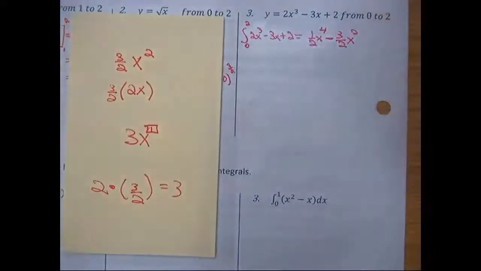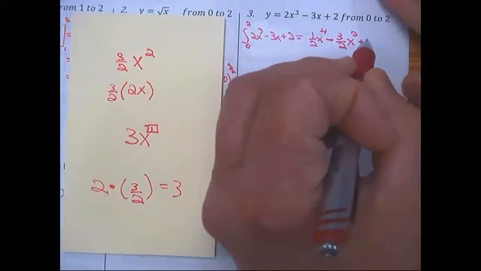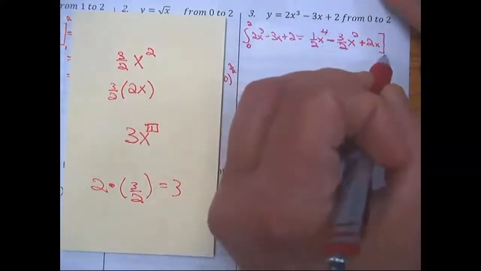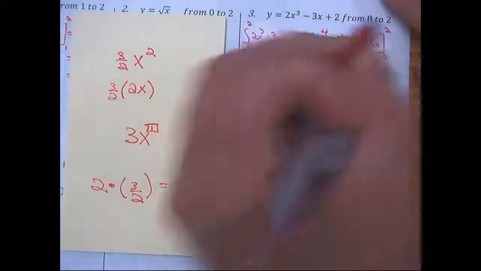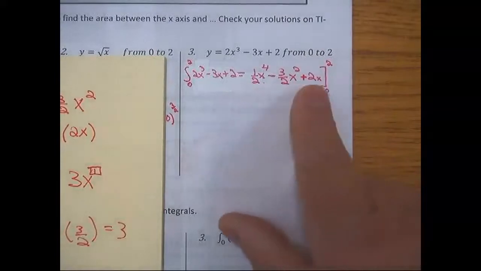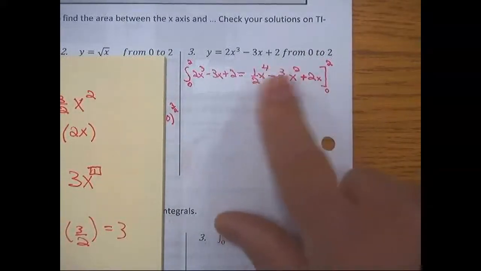Okay, Corey, antiderivative of 2. 2x. All right, and now we're going to evaluate that from 0 to 2. So plug your 2 in, do the math. Plug your 0 in, do the math, and subtract.